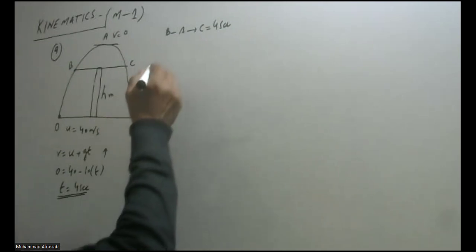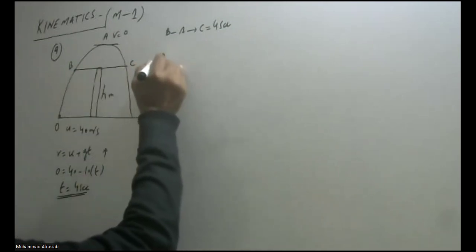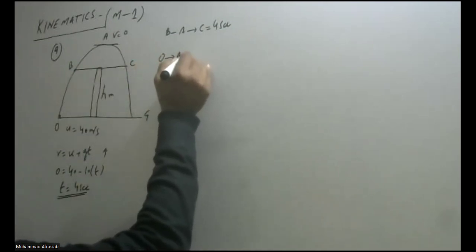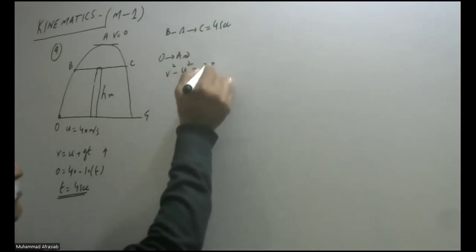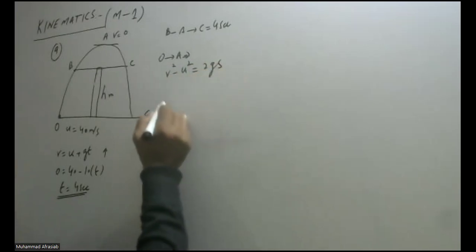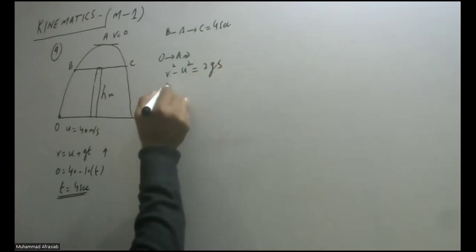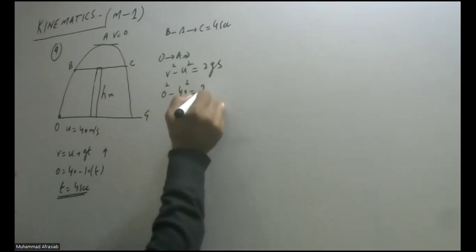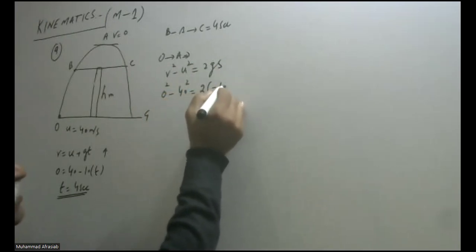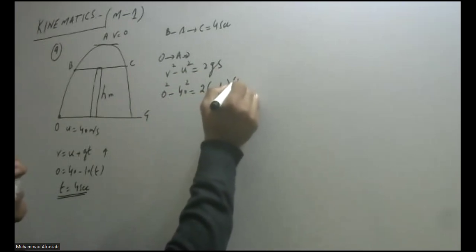We know that from O to A, v squared minus u squared is equal to 2gs. v is 0 squared minus u, which is 40 squared, is equal to 2 into minus 10 into the height.